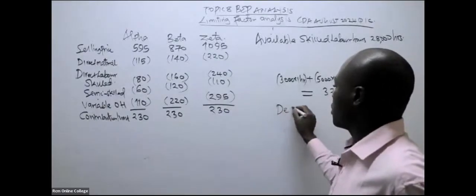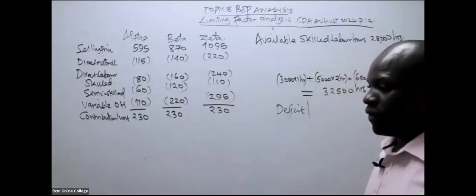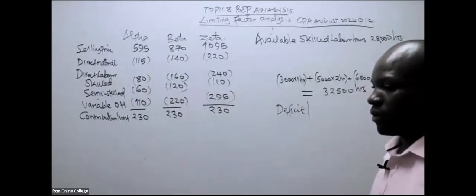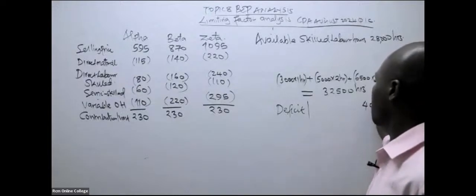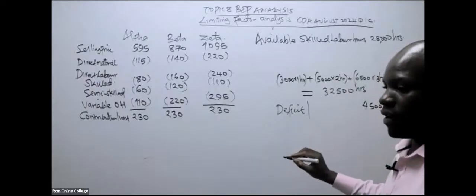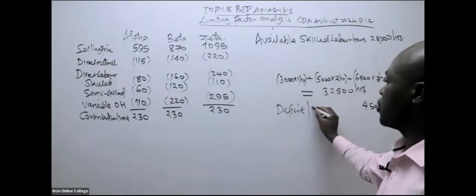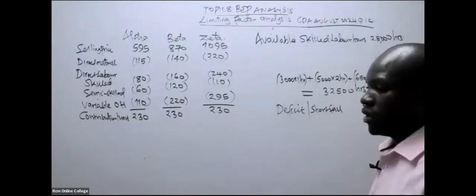We have a deficit of how many hours? 4,500 hours. Another name for deficit is shortfall.